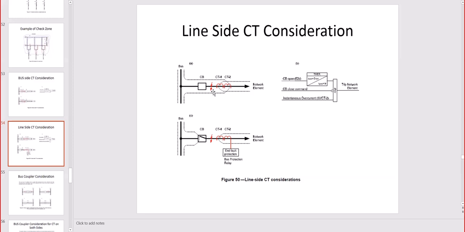52 or 33. 52 is the power, 33 is the auxiliary, so 52 and 33A need to be in sync. So whenever the breaker closes 52, the 33A closes, the 33B opens. If that doesn't happen, is an alarm for the breaker fault, because it looks like something is wrong with the breaker.